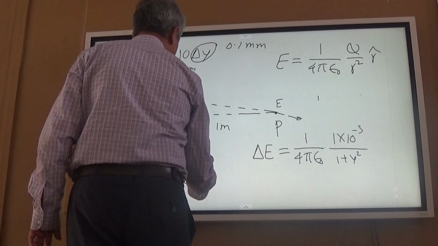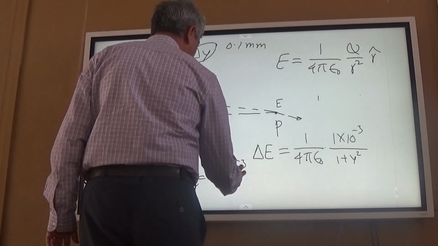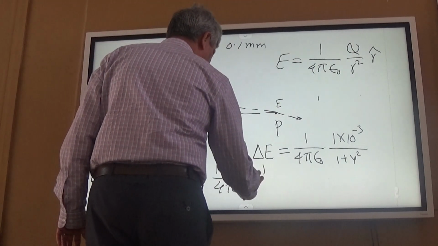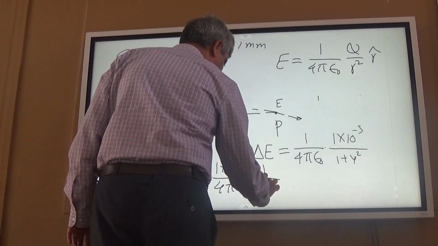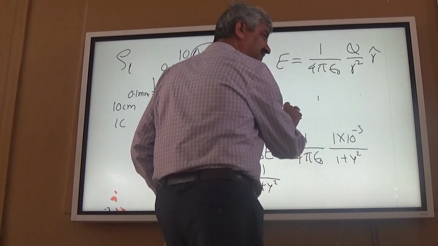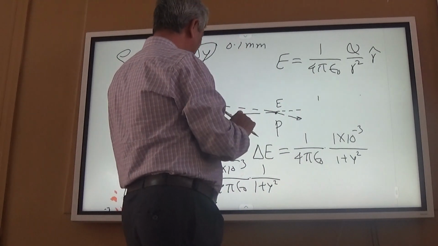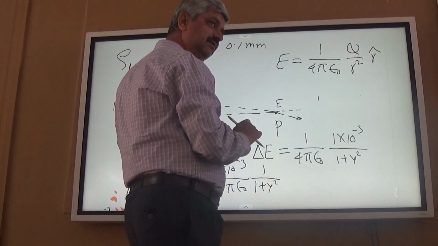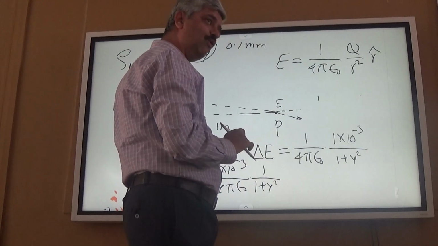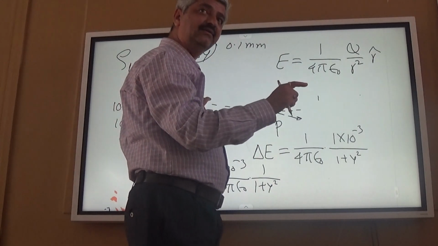Delta Ex is 1 into 10 raised to minus 3 upon 4 pi epsilon naught into 1 upon 1 plus y square into cos of this. Cos of this is this upon this, that is 1 upon under root 1 plus y square.